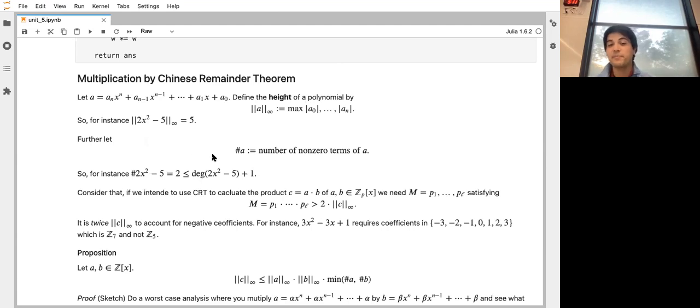If I further let pound a equal the number of non-zero terms of a, so for instance, the number of non-zero terms of 2x squared minus 5 is equal to 2, which you should note is going to be less than or equal to the degree. But it's certainly not the case that you can use degree when I want to use this hash command.